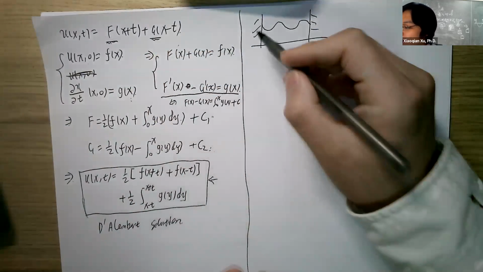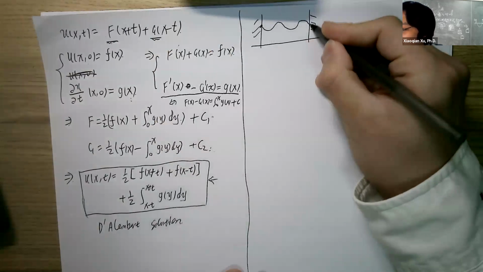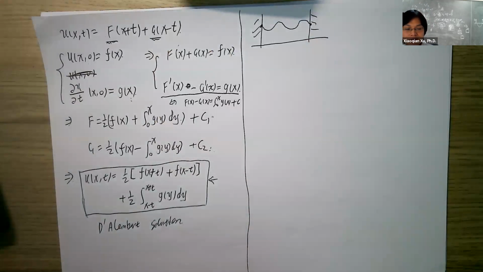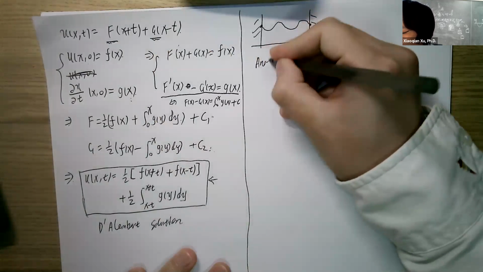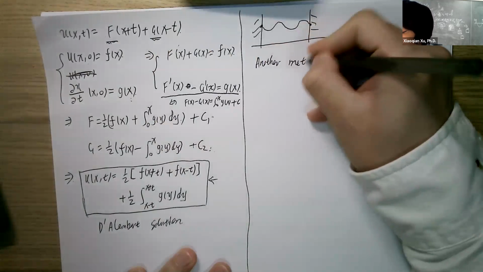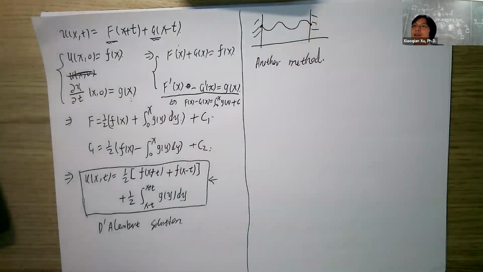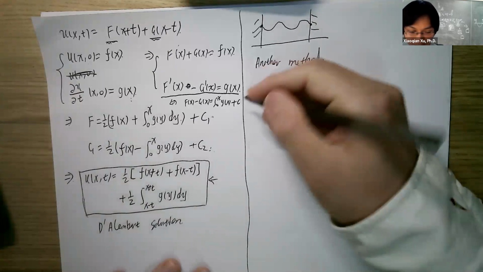You may have some boundary conditions here and here, right? So in this case, you may need some other method in order to solve this partial differential equation, which is the so-called separation of variables.